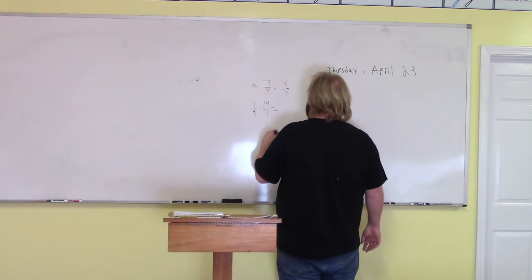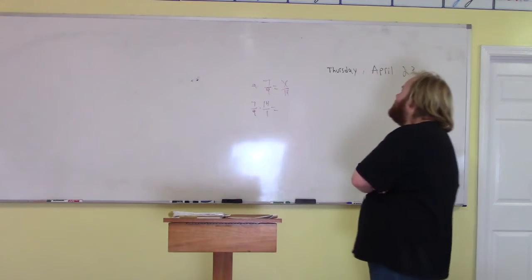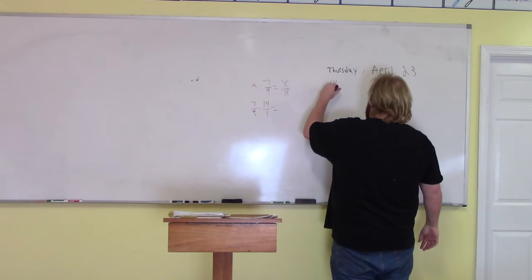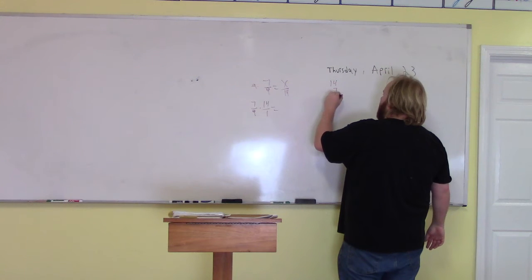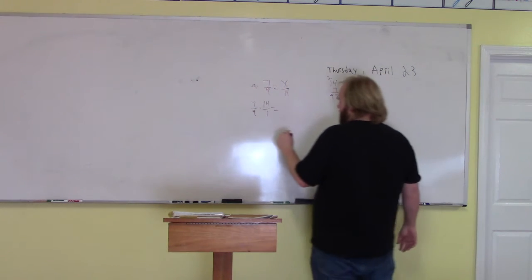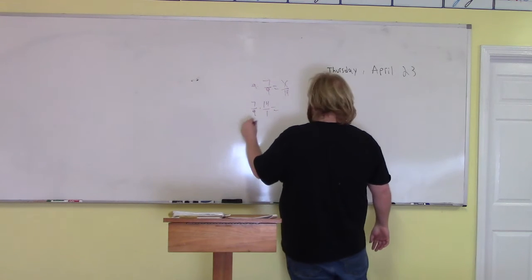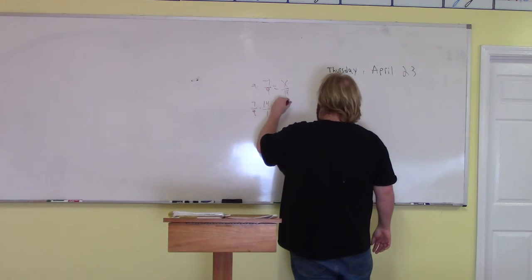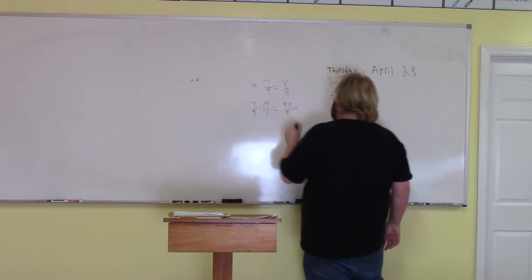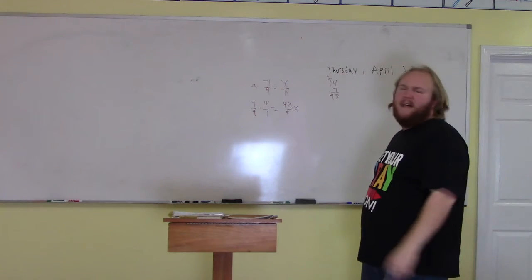So this becomes, good question, 7 times 14. Let's do it over here. 7 times 4 is 28, carry over 2. So we've got 98 over 9 equals x. What's the problem with leaving it like that?